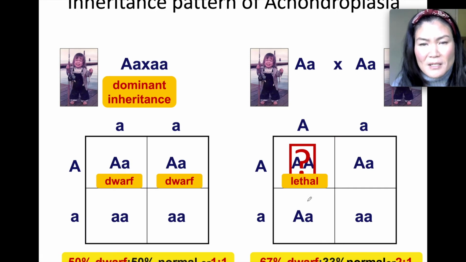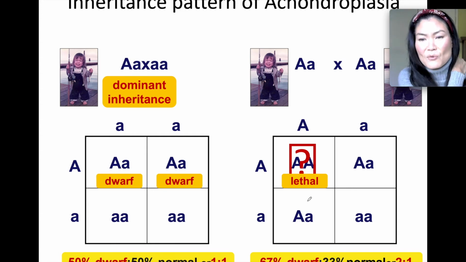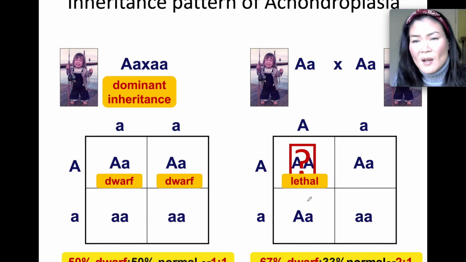So achondroplasia is again a type of genetic condition of dwarfism, but it actually is a very rare dominant trait. Like I was saying to you guys, usually genetic disorders or mutations are recessive, but achondroplasia is a dominant trait.